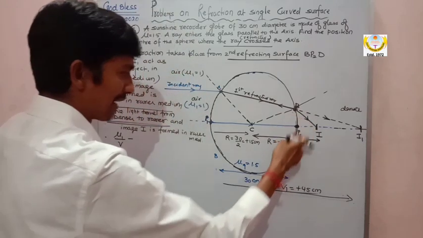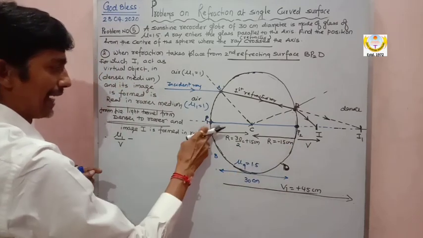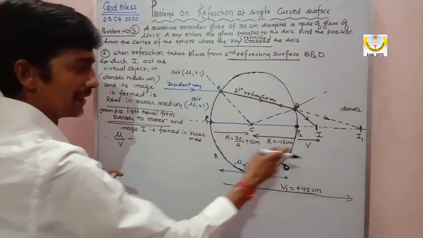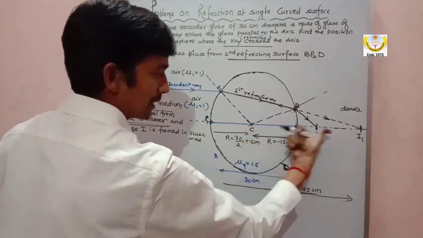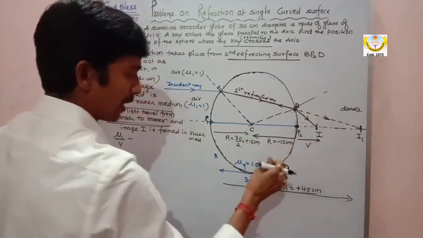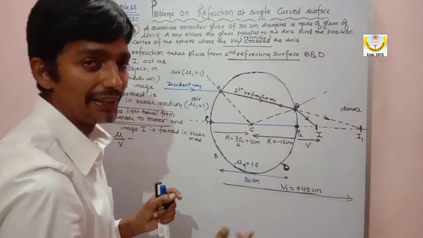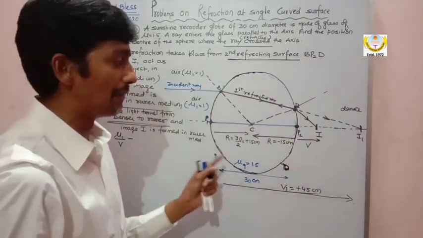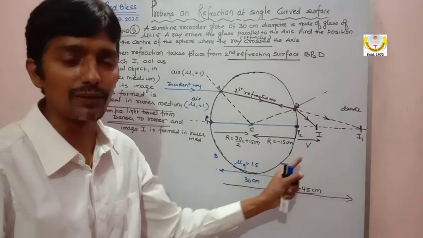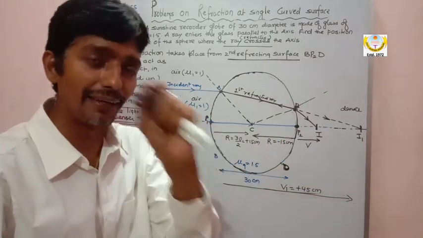So when I take this surface, R becomes minus. When I take this surface, R becomes plus. But v is positive because the image is on this side. Here also v1 is positive, the image is on that side. So the image is ultimately real in both cases. Only in one case the image was in denser and now the image is in rarer. But they are real images.